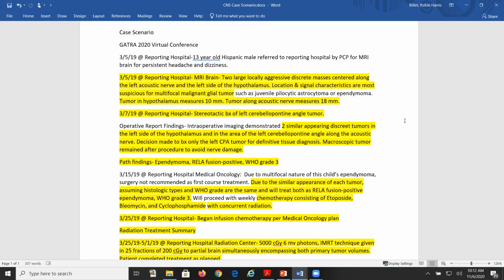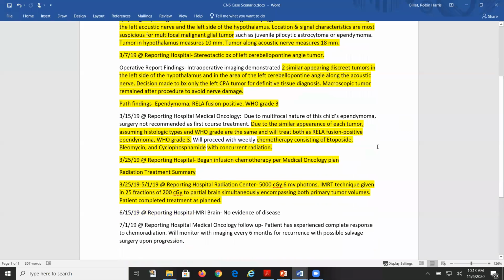So there you see the plan for multi-agent chemo with radiation, which began on 3/25/19. And here we have the treatment summary with our starting and ending dates, and specifically saying that the treatment was given simultaneously encompassing both primary tumor volumes, and that the patient completed treatment as planned.